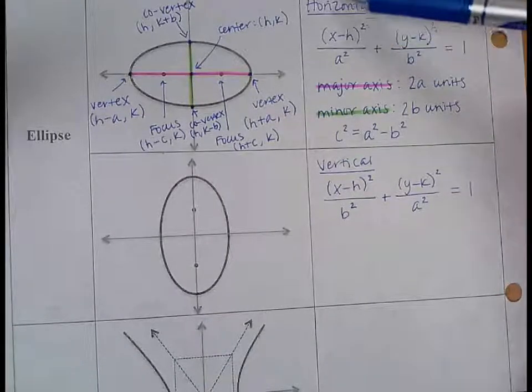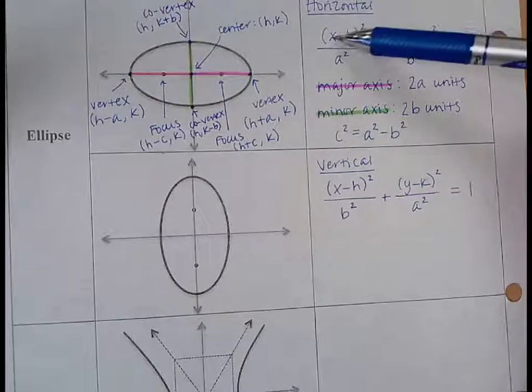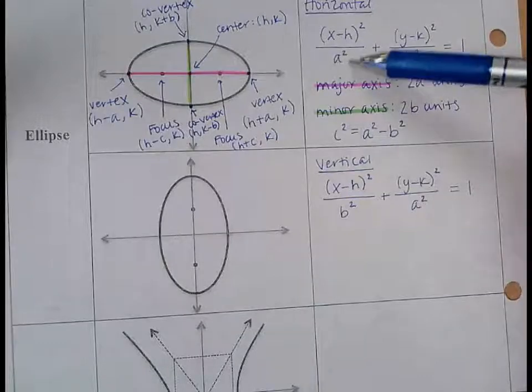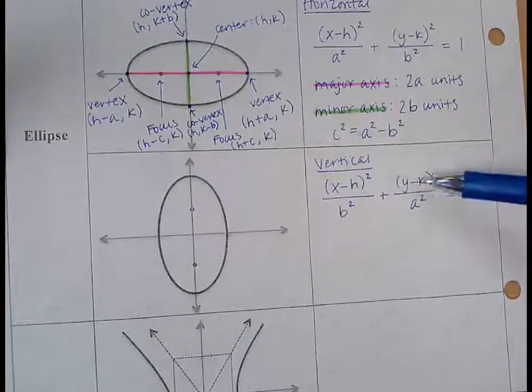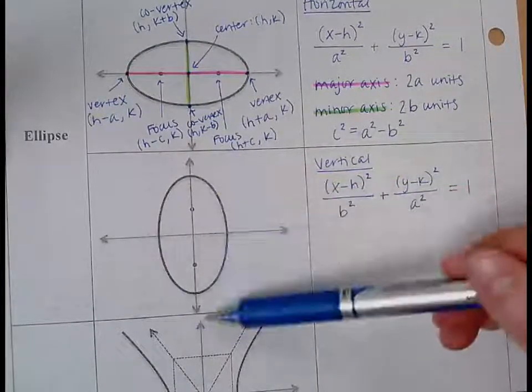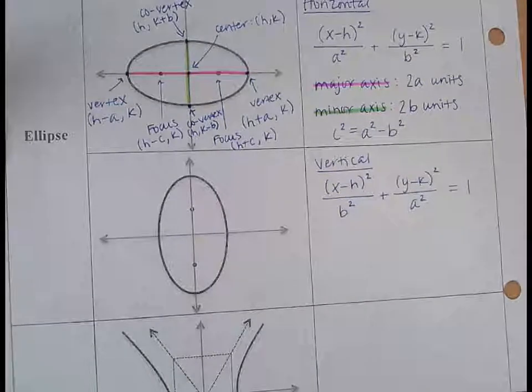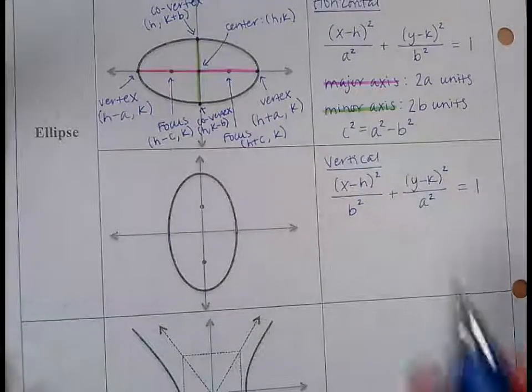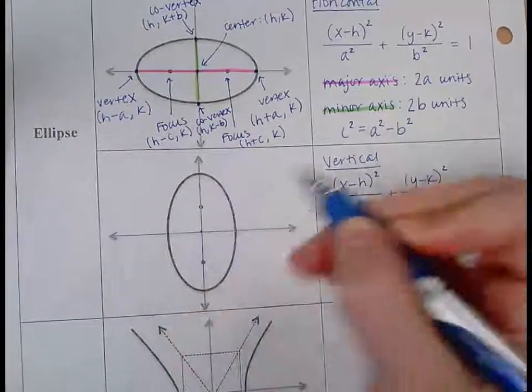So if it's a horizontal ellipse, since the x-axis is horizontal, the largest value a squared is underneath the x. If it's vertical, the y-axis is vertical, that's why a squared is underneath the y. So the largest value is underneath the axis, that's the major axis, if you want to think of it that way.